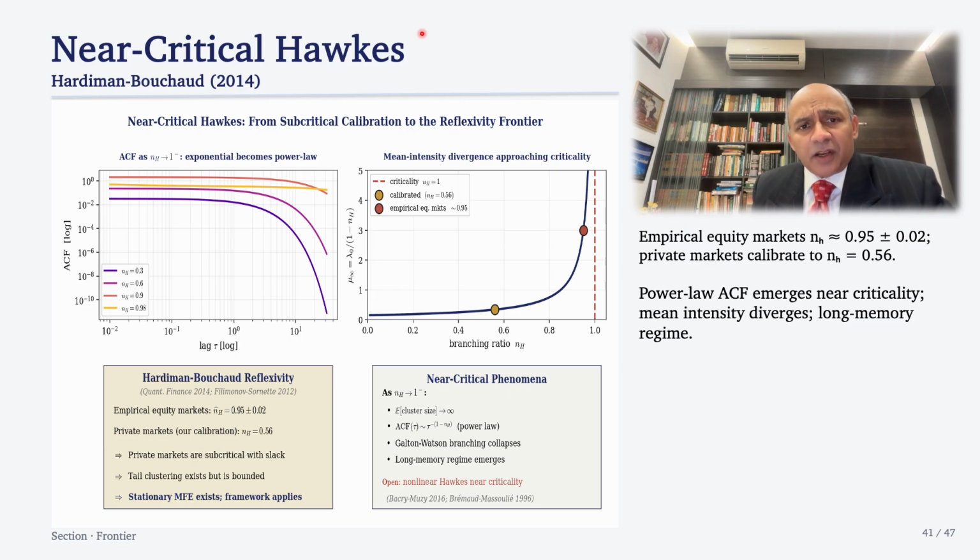But in the private market calibration, it's sitting at 0.56 over here, deeply subcritical. So our framework is well posed. But the empirical near-criticality signal in equity-related instruments feeds into secondary market pricing through arbitrage relations, which means tail correlations are stronger than our subcritical estimates suggest.